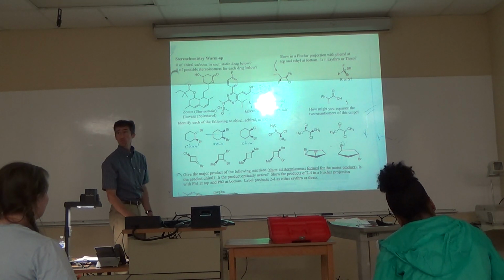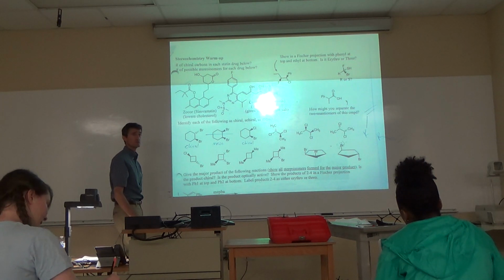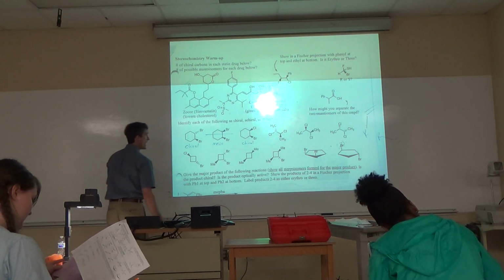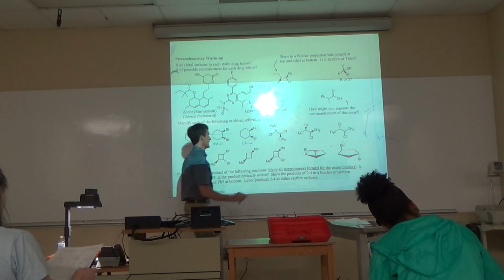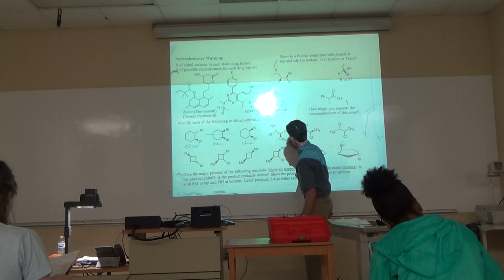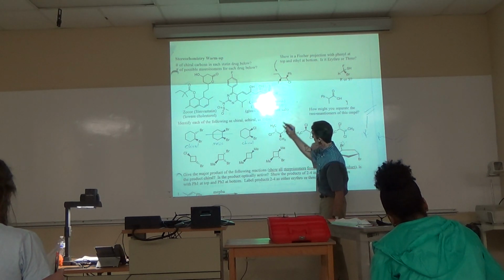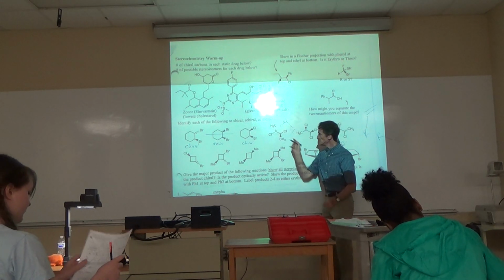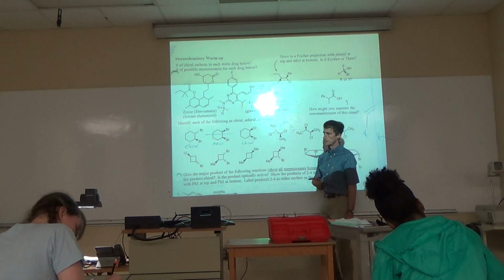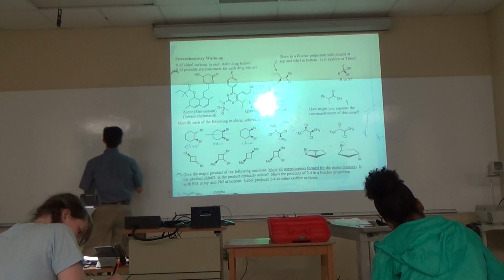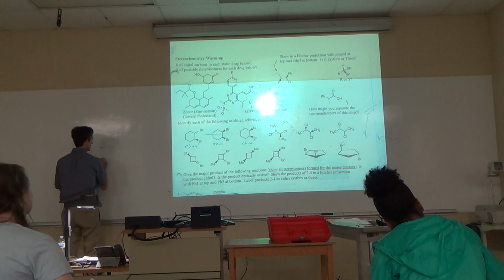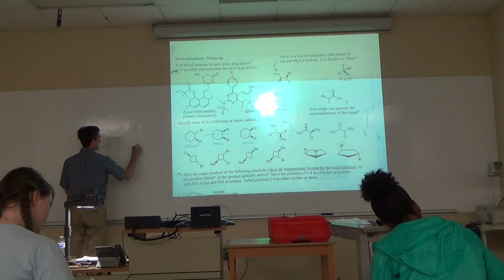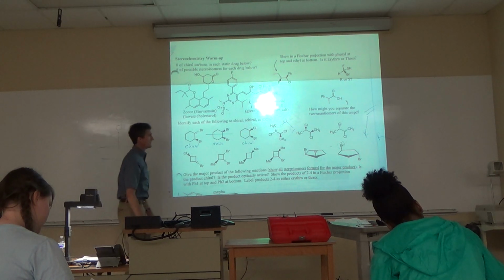I think it's probably meso too, but I want to draw it in a Fischer projection because it's easier for me to see in Fischer projections. Let's draw this in a Fischer projection. The thing is in a plane. We can look away. Let's make this the ground. With the chlorine going away, what side's the methyl on? With the chlorine going away, the methyl is on the right. I'm just drawing the CH3.